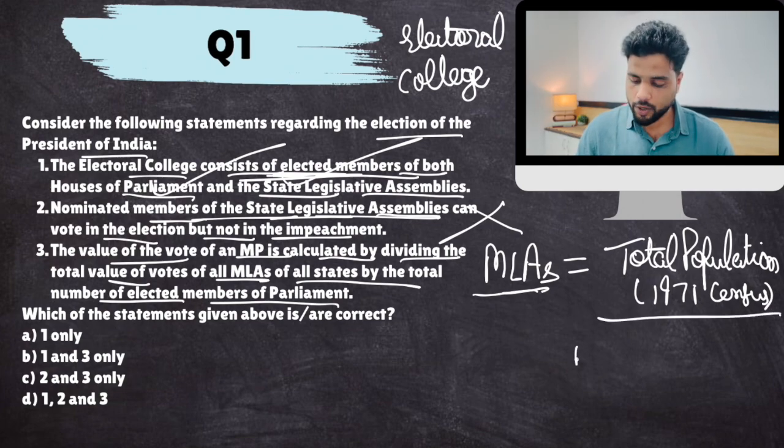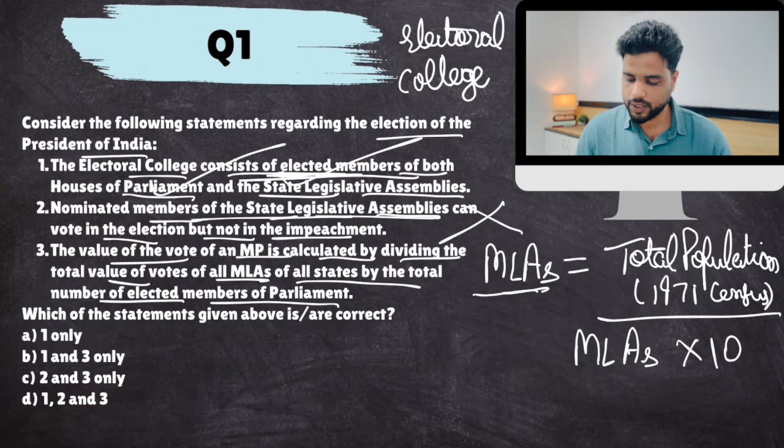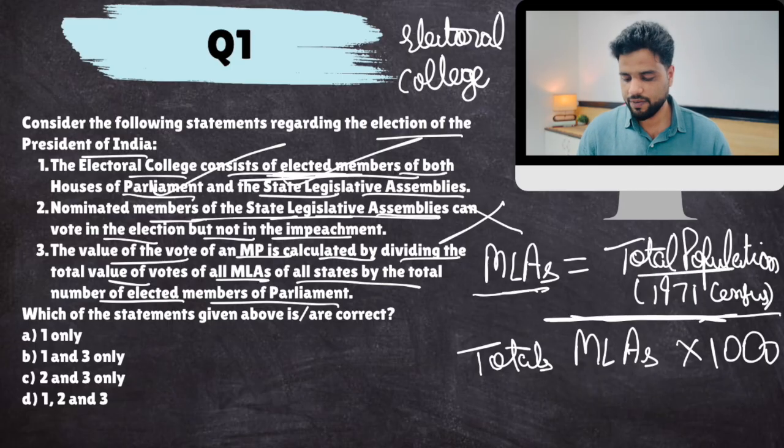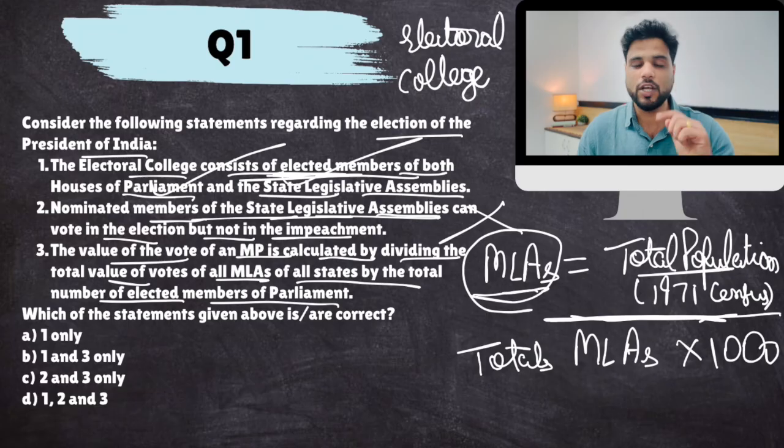Divided by total number of MLAs in that state, into 1000. So the total population is divided by total MLAs into 1000. This is the value of vote of each MLA.